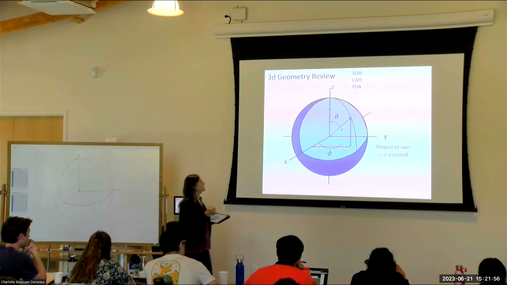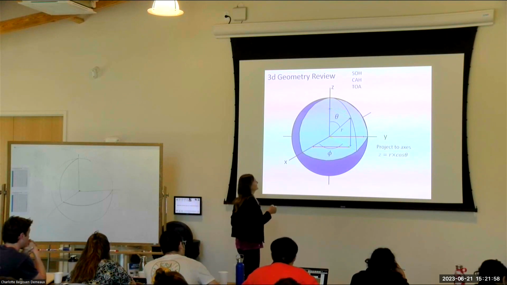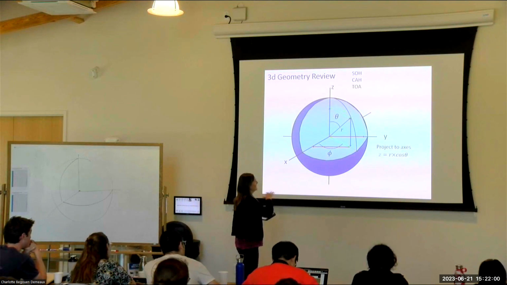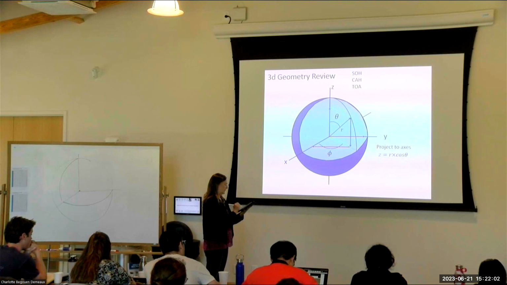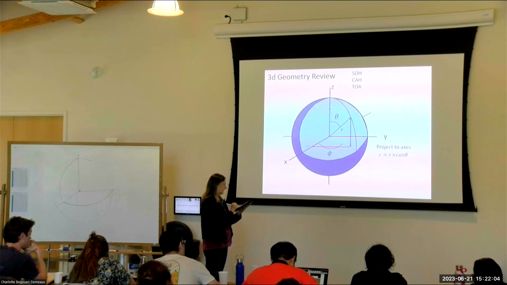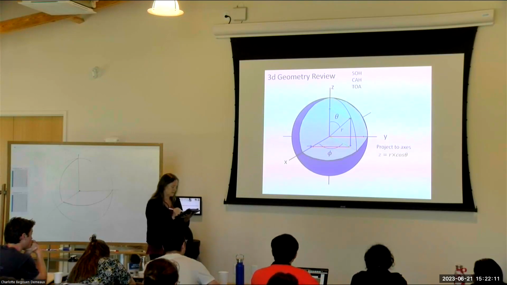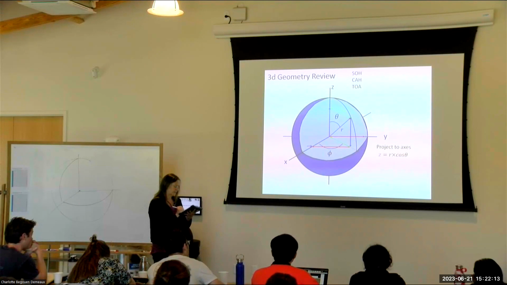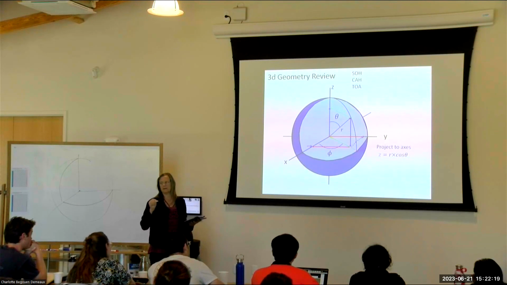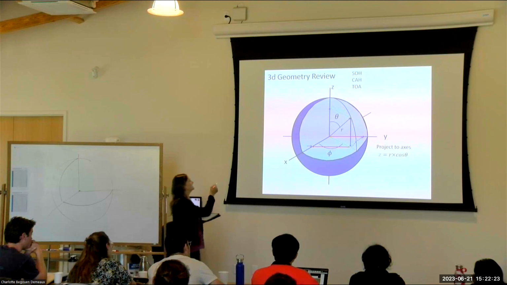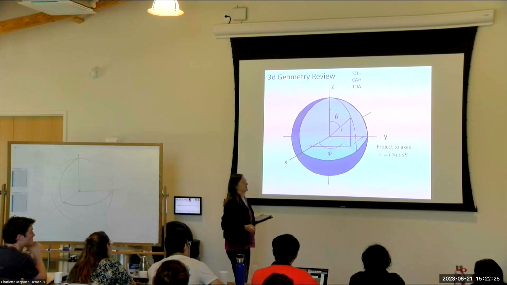Okay, so if we project the vector back onto the xy plane, and we look at where it projects onto the x-axis, that's the red line. And so that's going to give us that length projecting onto the y-axis. So the length of the red line is equal along the y-axis, and we can see where it's going to intersect the x-axis.